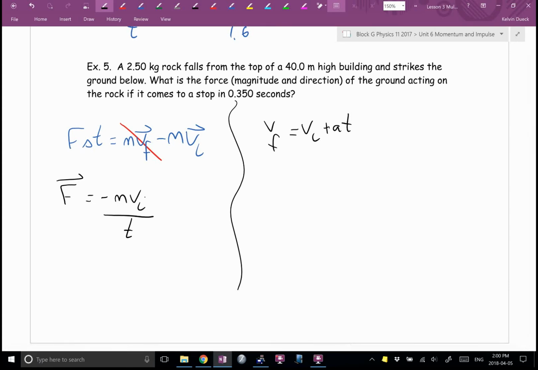So you're telling me that VI is 0. What's A? 9.8. What's time of free fall? 0.35. That's the time of free fall? Oh, no. I hooked you. I don't hook you very often. That's the time once you've hit the ground to come to a stop. That's why I said don't write this down.